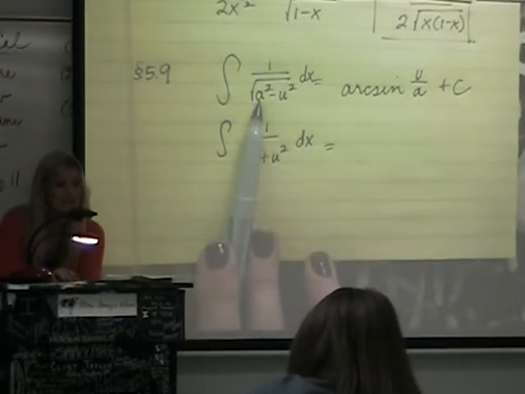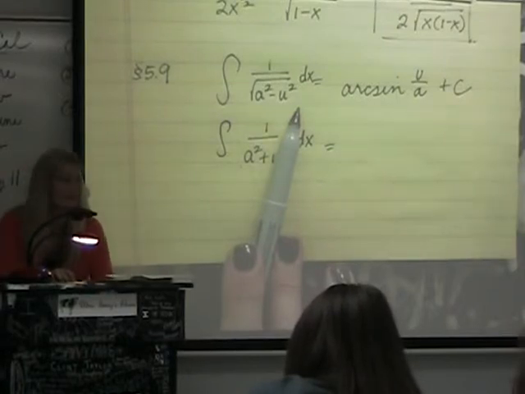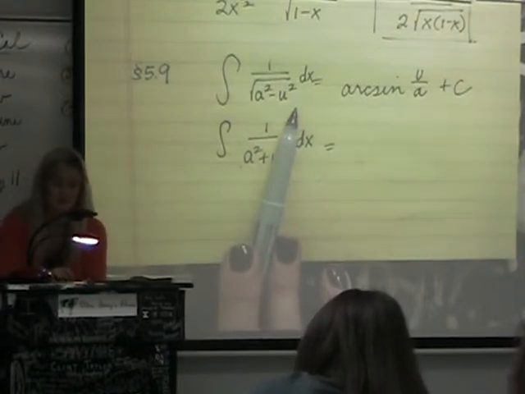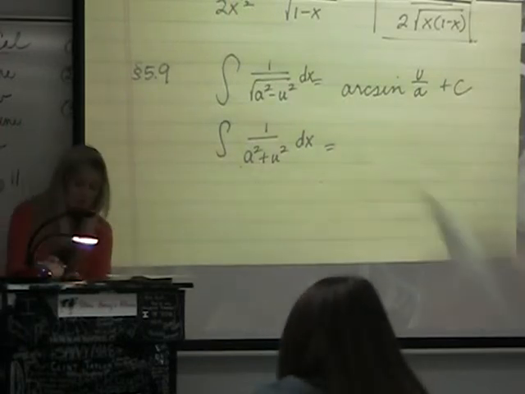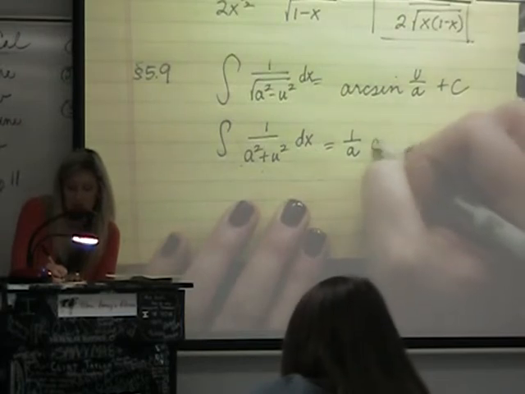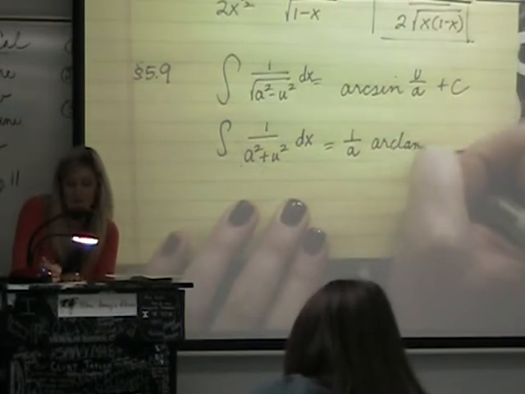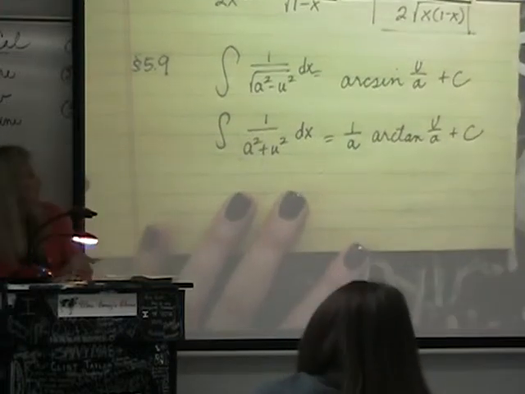By the way, a is a constant, u is a function of x, just like it is in all of our formulas. And then this one is going to be 1 over a times arc tan of u over a plus c.